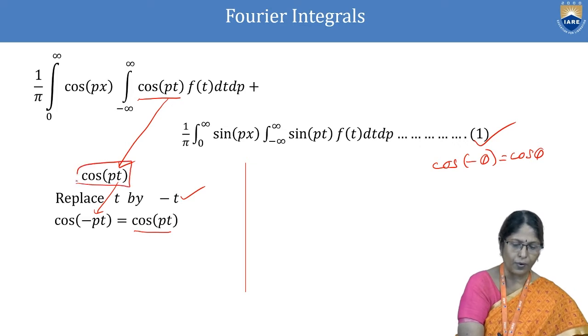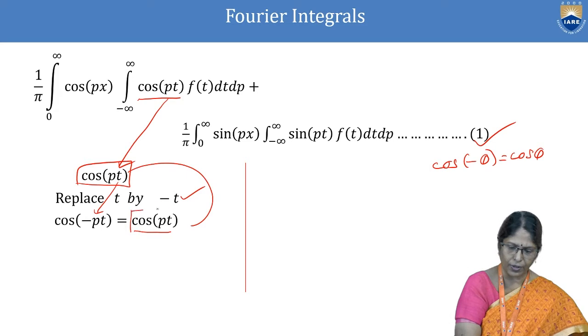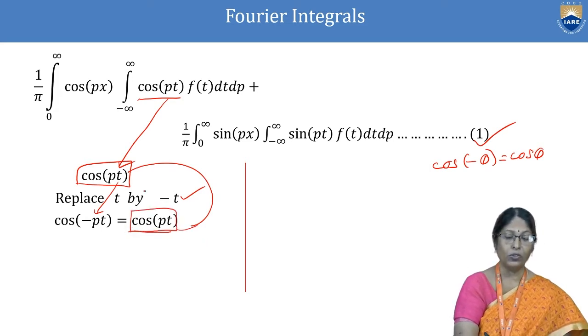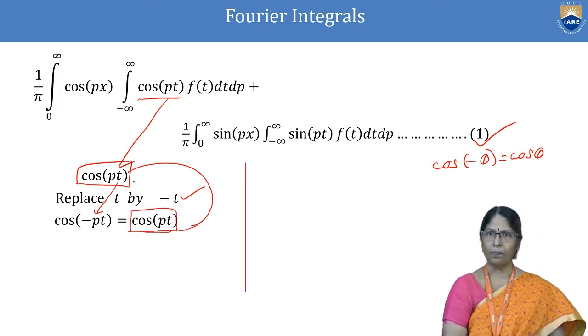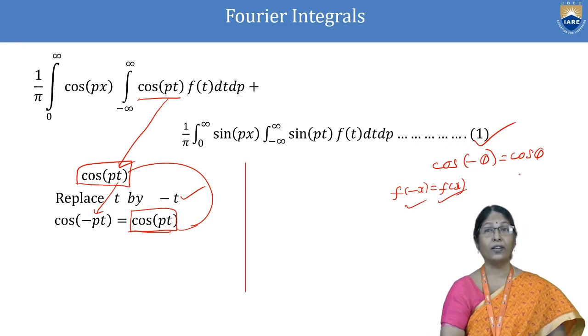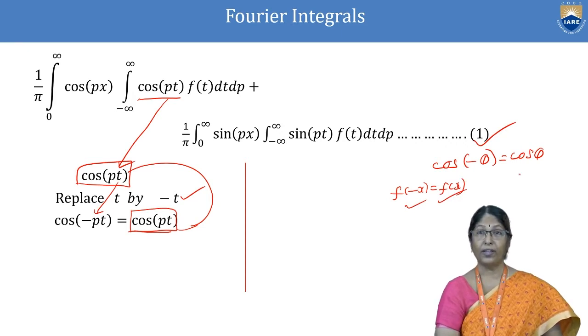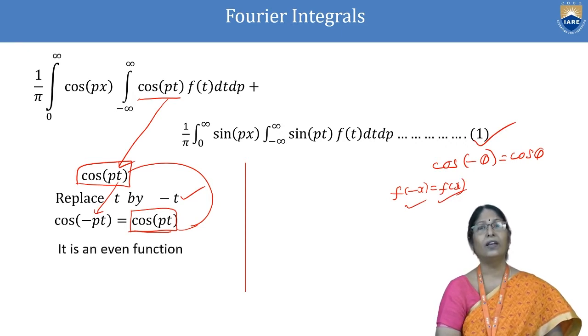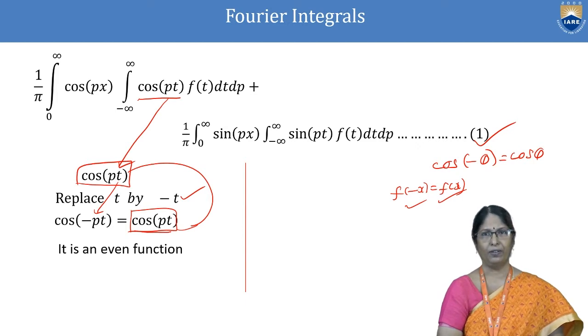The final result we got is the same. Both are the same, that means f of minus x equals f of x. This condition is satisfied, so we can declare this is an even function.